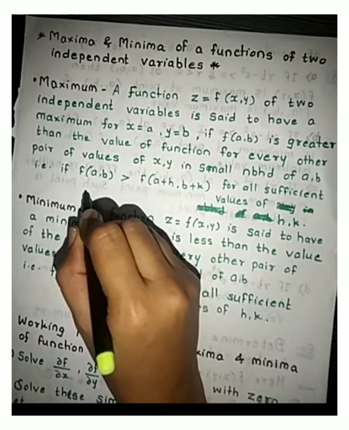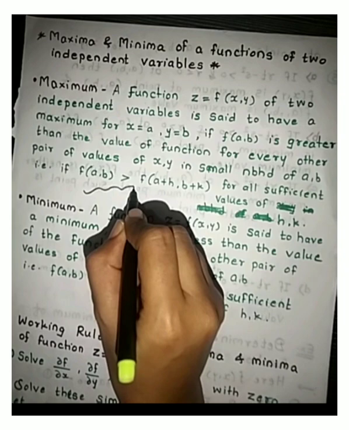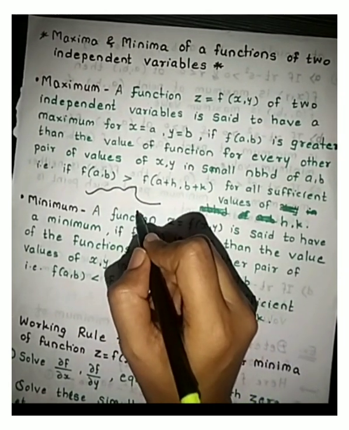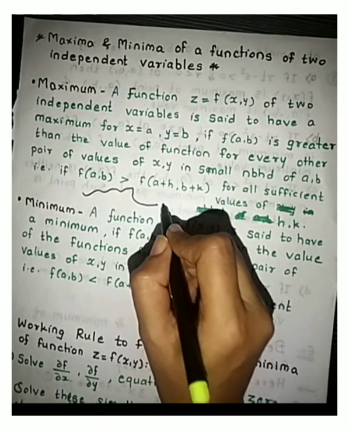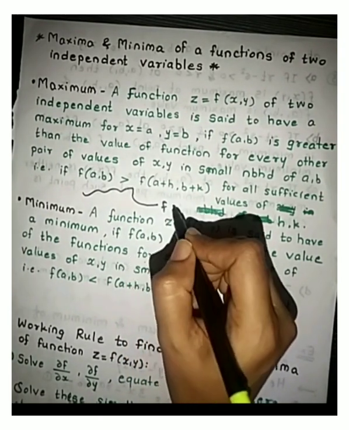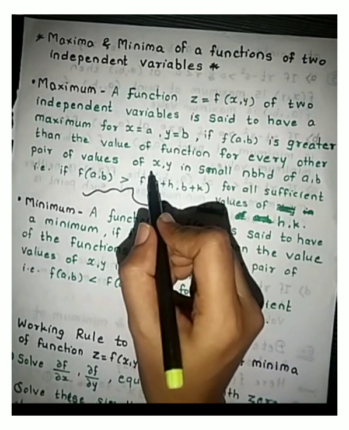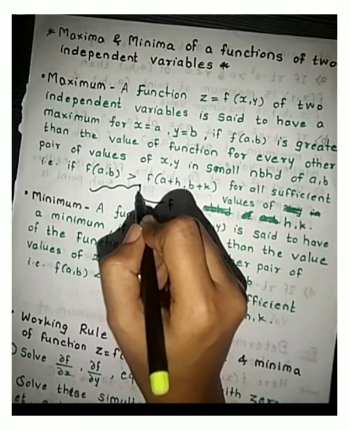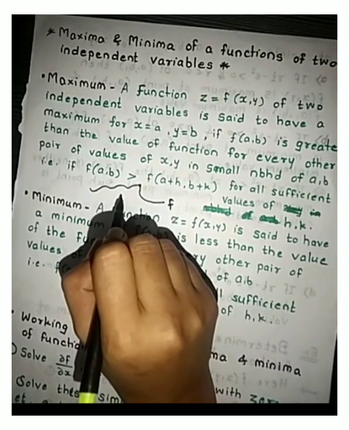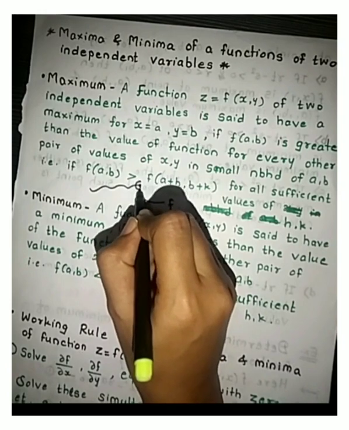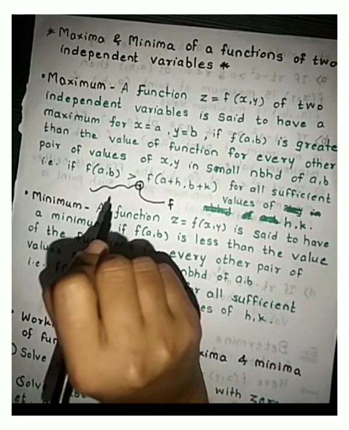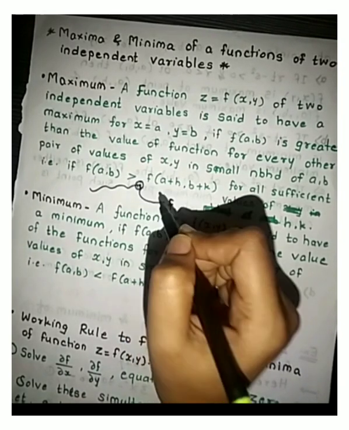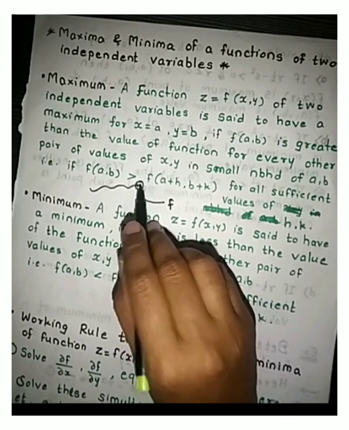Suppose this is your function, this is the graph of that function. So this function f is said to be maximum at a point. This is called a point of maximum if we draw a neighborhood around that point, then all the points near it do not have a value greater than this point.